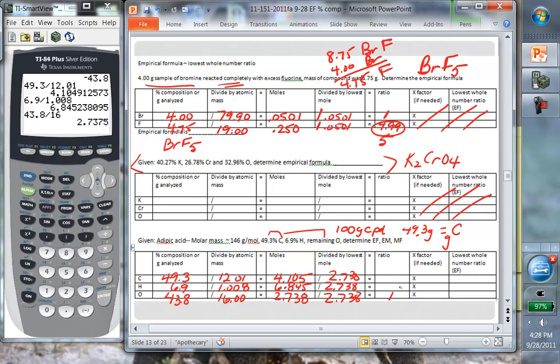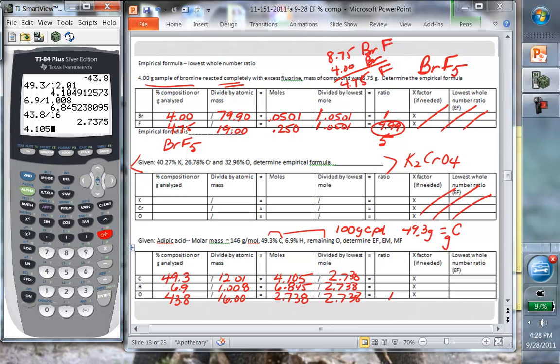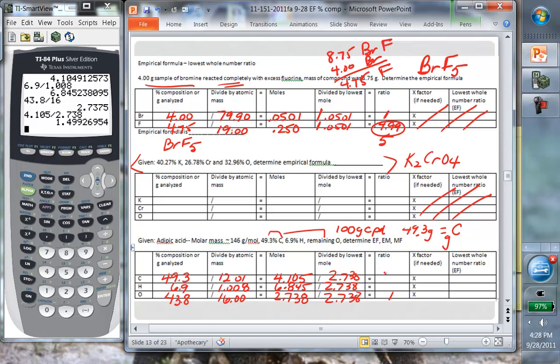And the oxygen will be the 1 out of this, so 4.105 divided by 2.738, and this is 1.499.